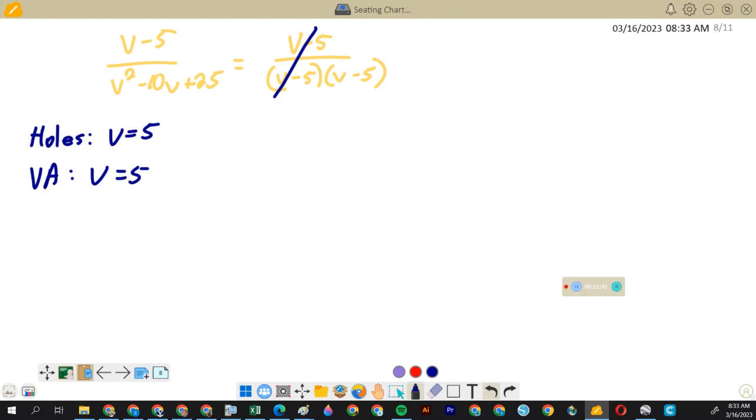This wants me to draw a vertical asymptote and a hole in the same place. Which one of those wins? The VA. Can you draw a hole where there is a vertical asymptote? No, there's no graph. So the VA actually wins. Okay.